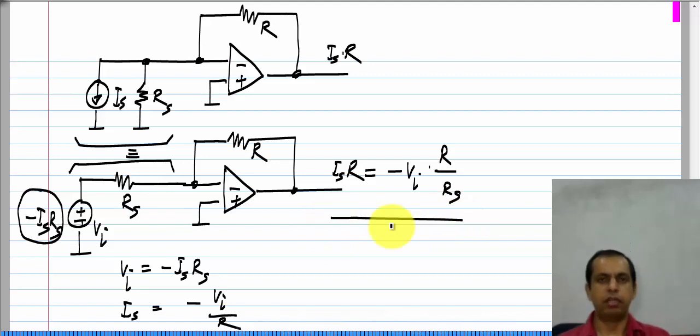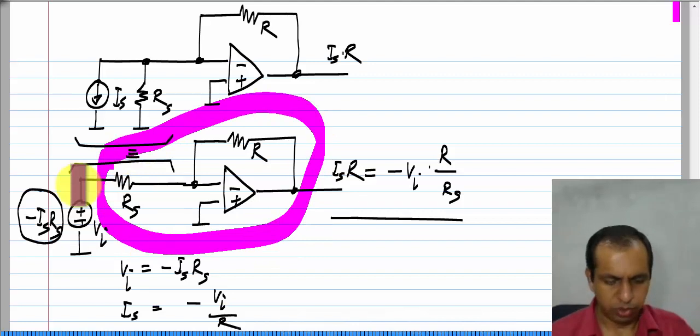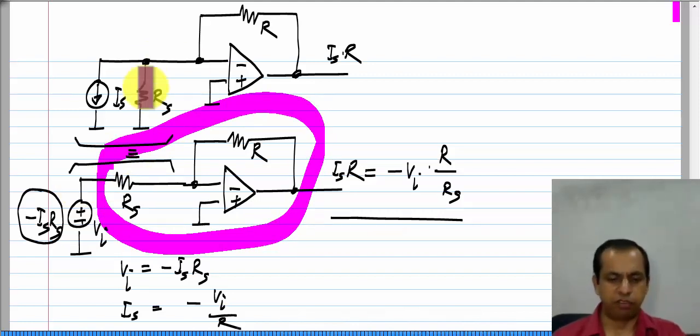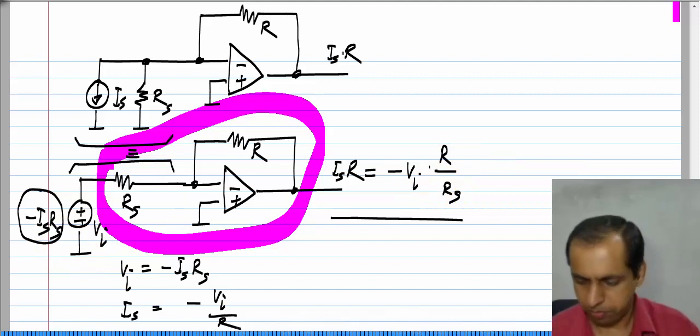Okay. Now, this circuit is known as the inverting amplifier. I originally started from this idea of a current source with a resistance in parallel, but in general this resistance can be anything. It does not matter whether it belongs to the voltage source or whether you put it there. The total resistance being R s, the output voltage will be minus V I, the voltage source value, times R by R s. Okay.